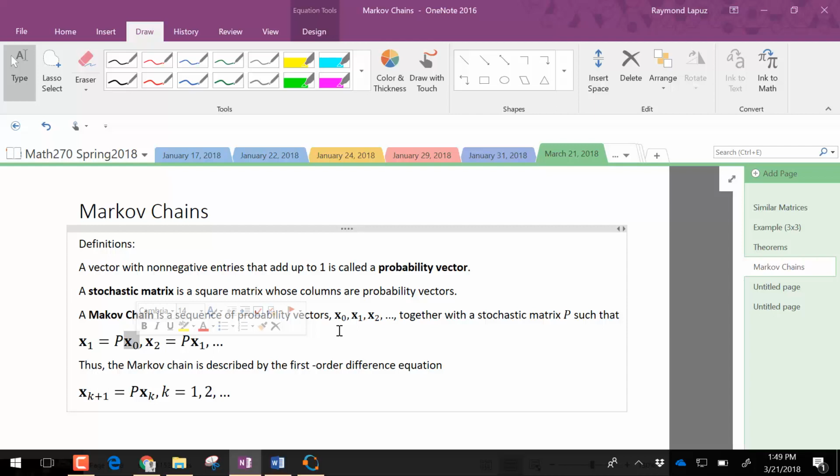Then you would get x1 by applying that vector to the stochastic matrix. By applying, I mean matrix multiplication. So you get x1 by saying P times x naught, P being the stochastic matrix.